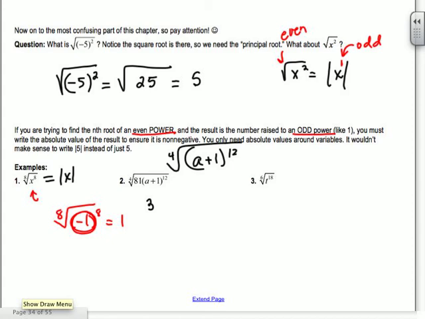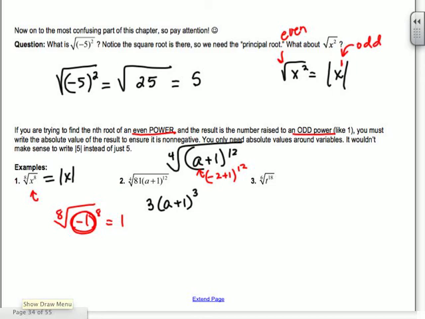So remember, you're dividing your power, so 12 divided by 4 is 3. So it's a plus 1 to the 3rd. Okay. Think about a negative number in there. If I had a negative 2 in for a. If I had negative 2 plus 1 to the 12th, what do you get? 1.